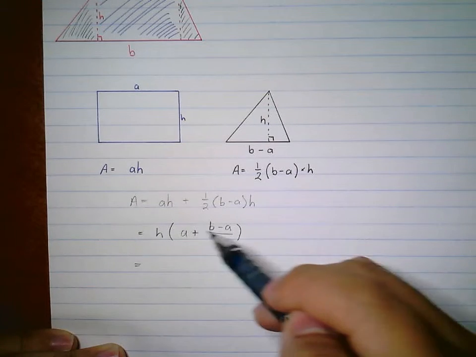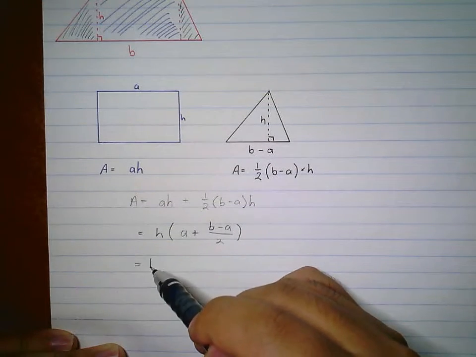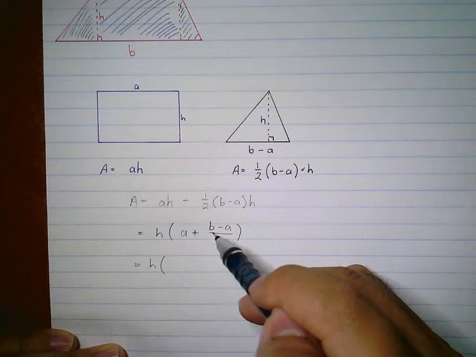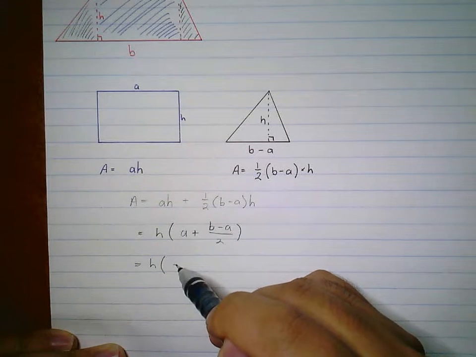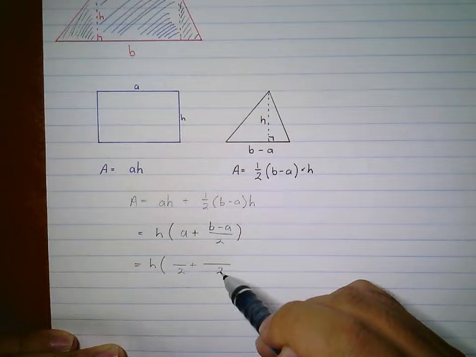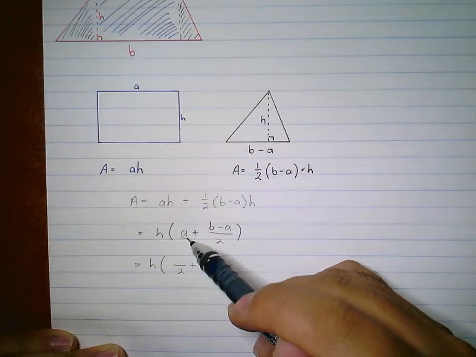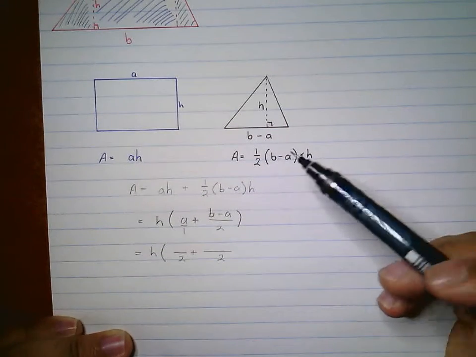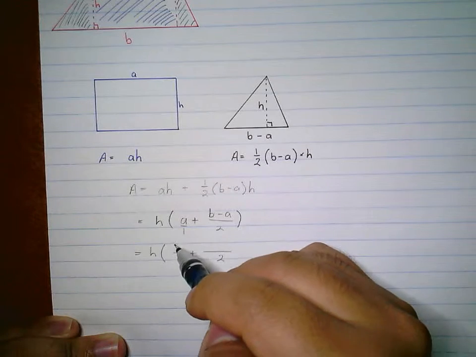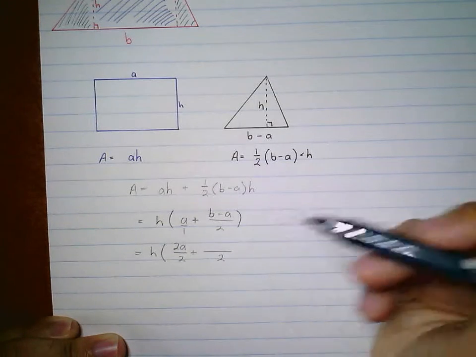In order for us to add these two fractions, we need to make the same denominator. So we want the same denominator of 2. This a has a denominator of 1. For 1 to become 2, we need to multiply the numerator by 2.